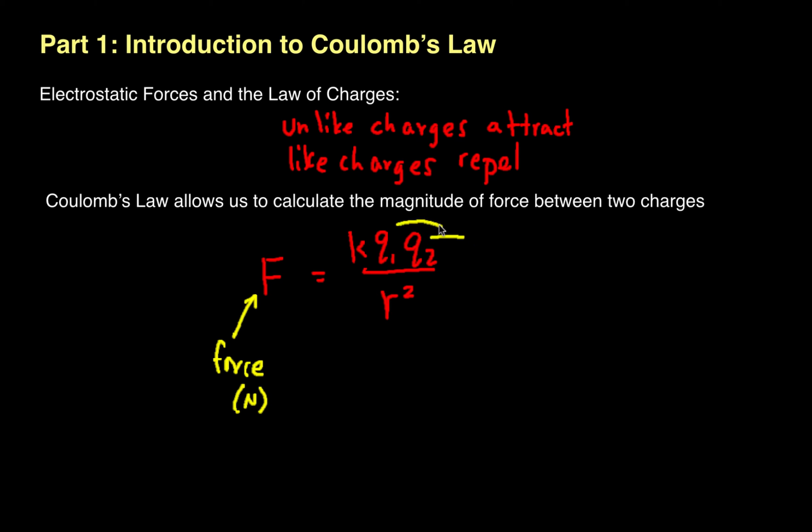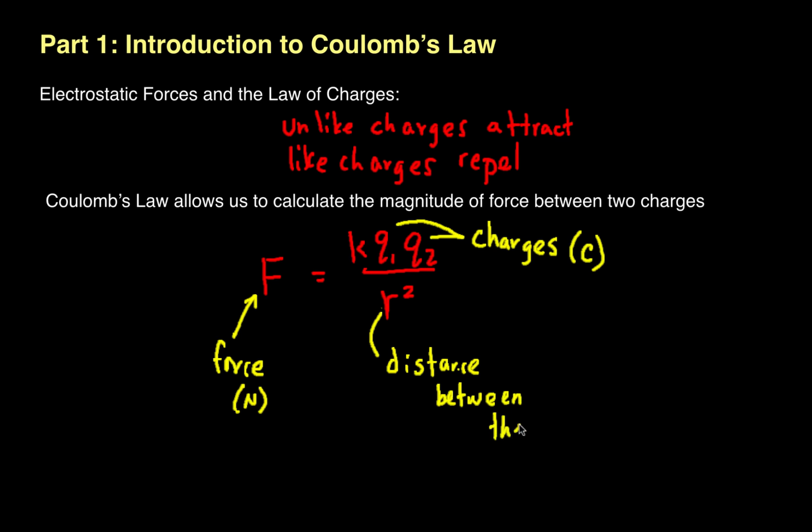Q1 and Q2 are the charges that are experiencing the force. They're measured in coulombs. R is the distance between the centers of the charges. R is measured in meters.